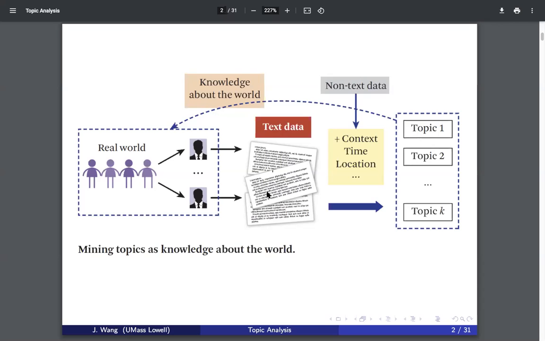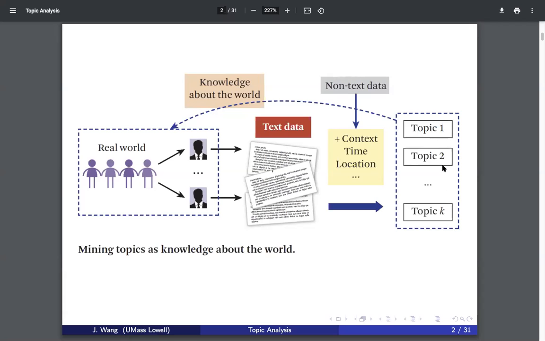All right, so we have text data and we want to produce several topics. Sometimes we also have other data, such as the context: time and location, where these documents were produced and when. This is not inside the text document; sometimes we call it out-of-band data. It's not here, but it is some other knowledge. Maybe you want to combine those and come up with topics.